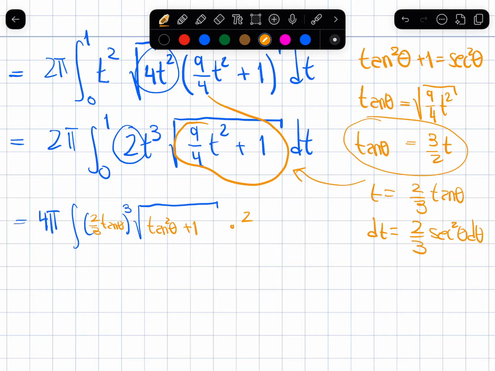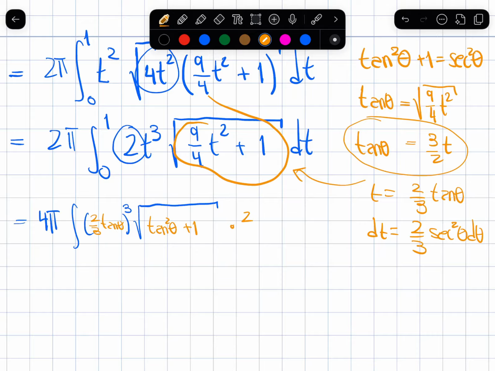So now I have to solve this. I wonder if this is even better than what I had before, but we'll see. I still haven't handled the limits of integration. I just want to see what that's going to look like. So as we discussed before, this is going to be the secant squared.